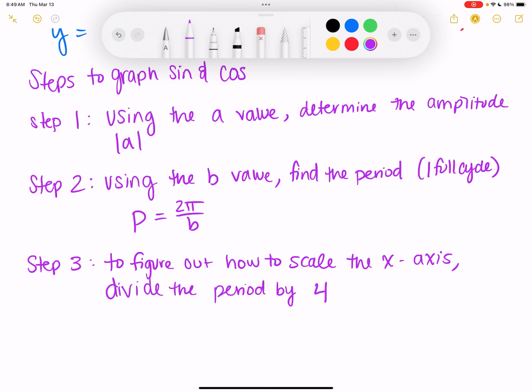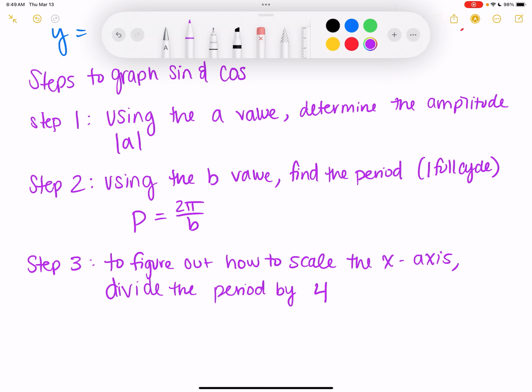Okay, so normally on the parent functions, our period is 2 pi, and so we've obviously done that 6 different times now. We count in increments of pi over 2. So it's pi over 2, pi, 3 pi over 2, 2 pi. We could keep going. But sometimes our period is something really weird, and we need to know how to scale it.